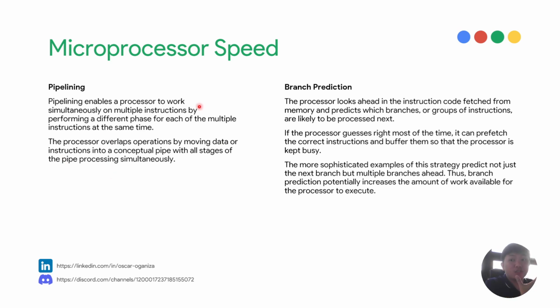Sa branch prediction naman iba. Sa branch prediction, forward-looking si processor. So paano forward-looking? Okay? So yung mga instruction code, pinipredict niya na ano ba yung groups of instructions na pwedeng makasunod sa mga process or sa instructions na in-execute. Okay?